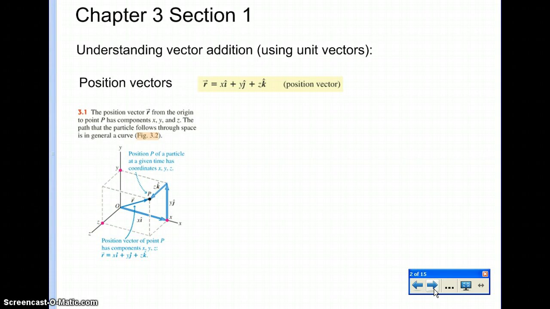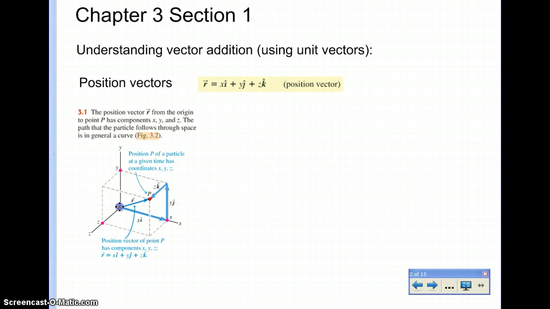Well, here, as you can see in Figure 3.1 from your book, we're basically doing the same thing, but we're using this position vector notation to describe the resultant displacement of the particle r, starting at the origin and ending at point P. It's three-dimensional.